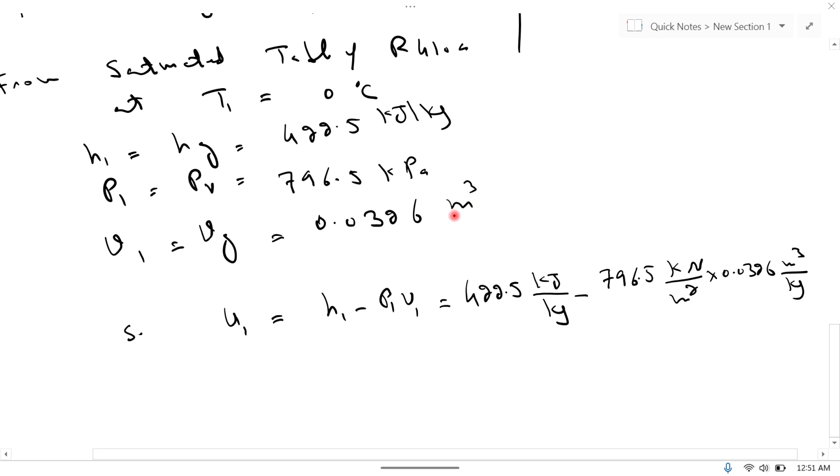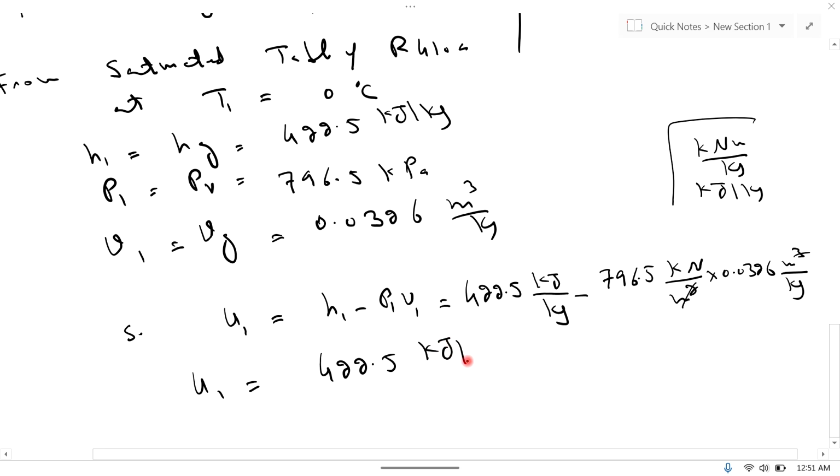So here meter square will be cancelled with meter square, and now kilonewton meter per kg. Newton meter is equal to joule, so kilojoule per kg. So the units are the same. So U1 is equal to 422.5 kilojoule per kg minus 796.5 multiplied by 0.0326 is equal to 25.9656.